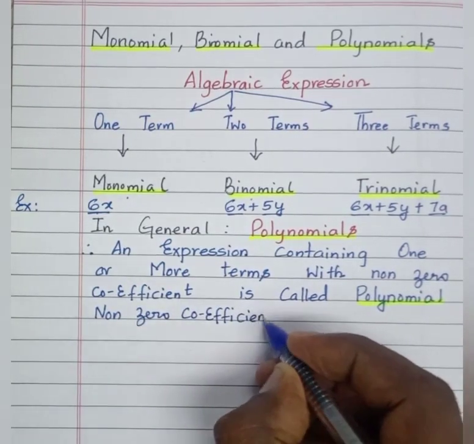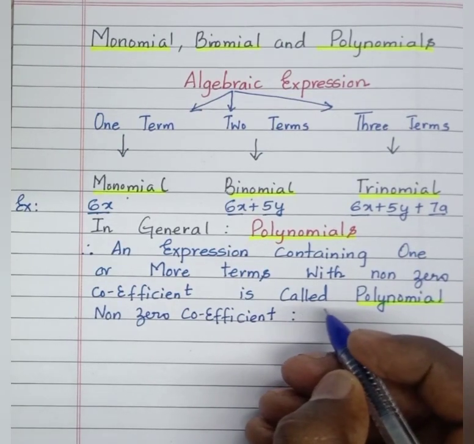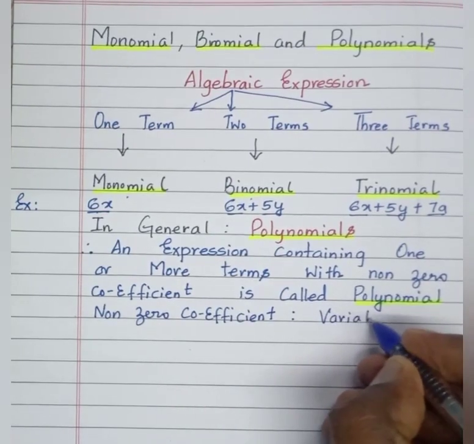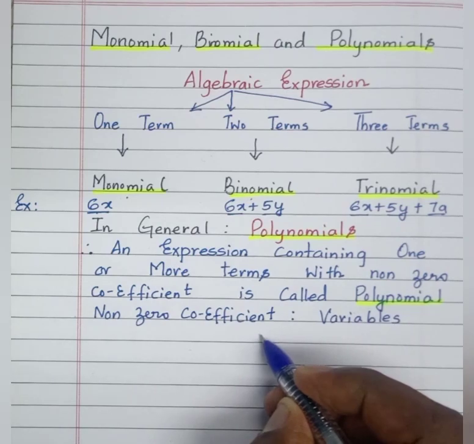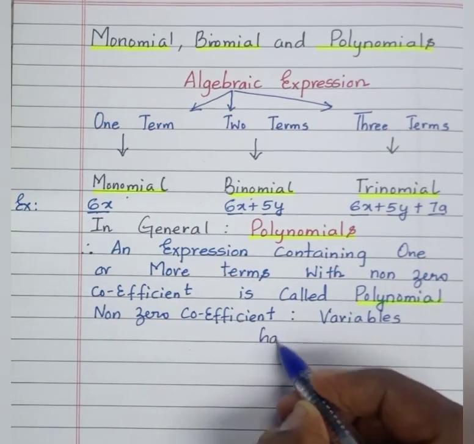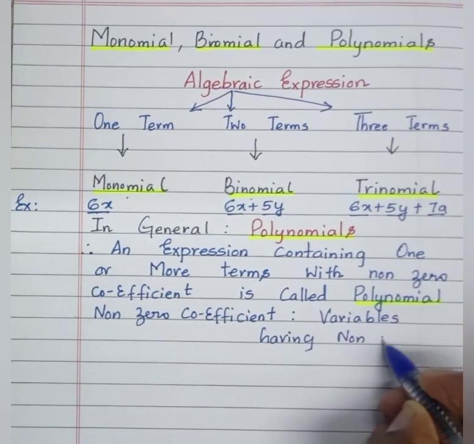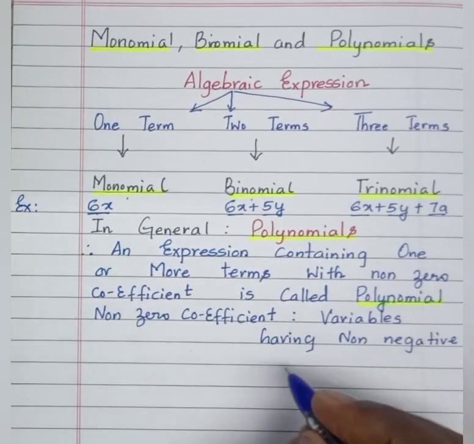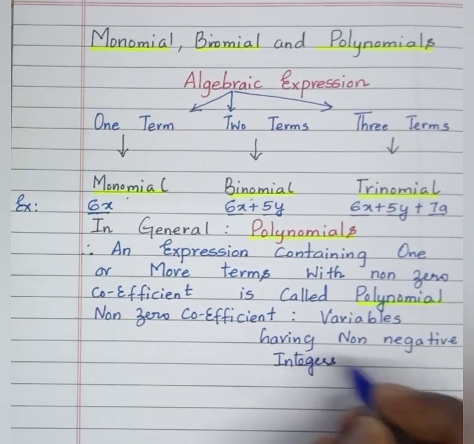If the variable contains a negative integer as a power, that means it is not a polynomial. The variable should not have negative integers as exponents. Non-zero coefficient means variables having non-negative integers as exponents.